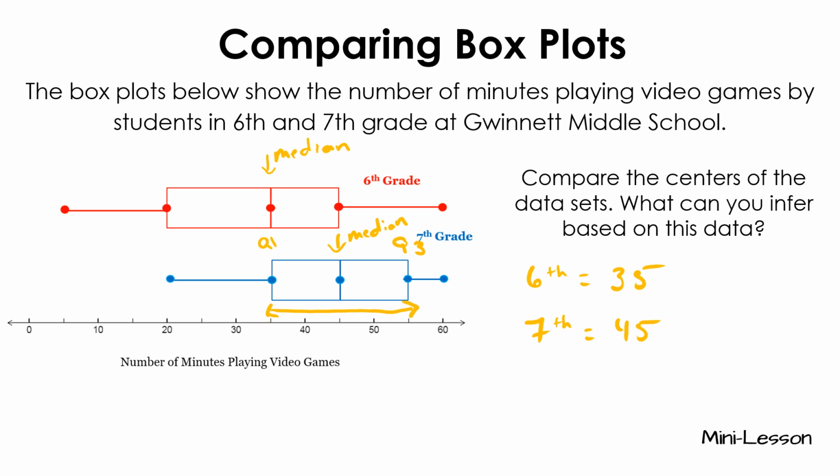Because the box from Q1 to Q3 is larger in 6th grade than it is in 7th grade, I can also infer that the variability in the data for 6th grade is pretty wide. And it is more concentrated for 7th grade, meaning more of the students are within 35 and 45.